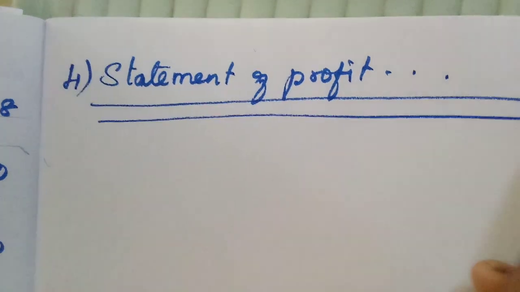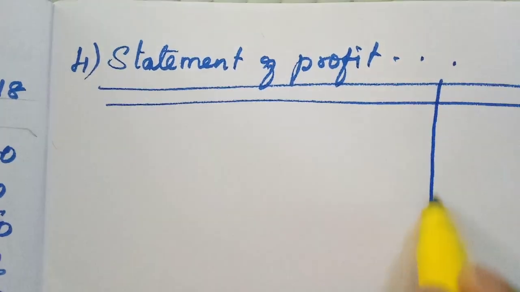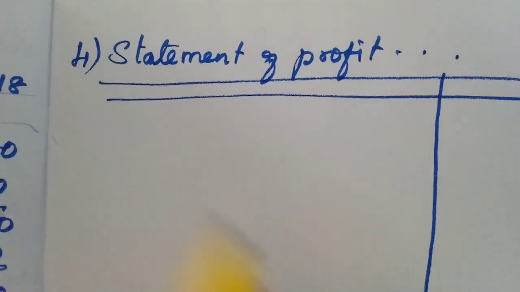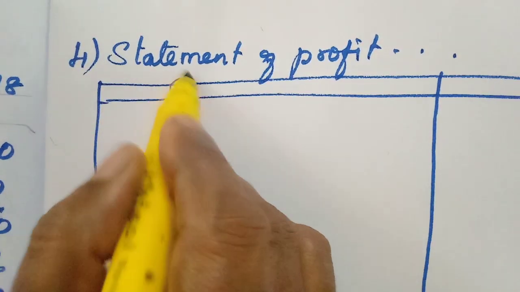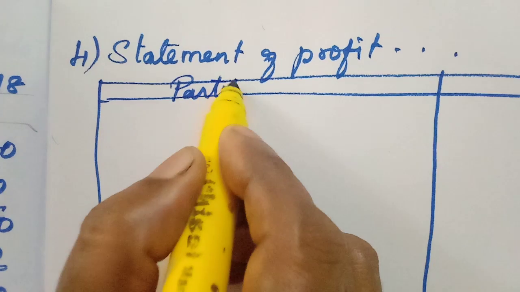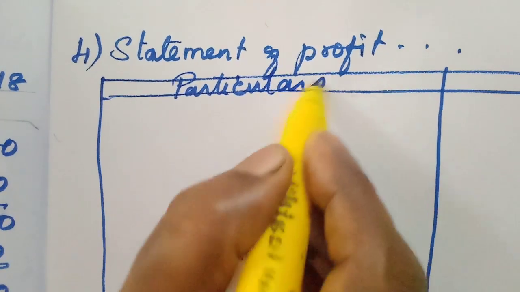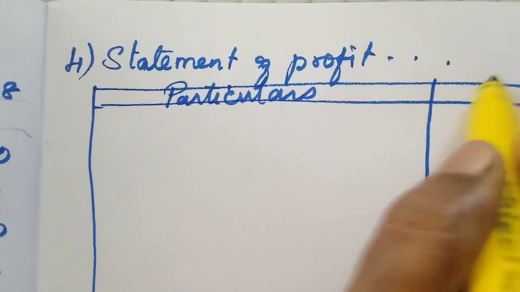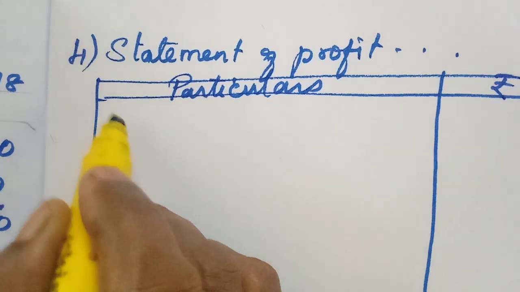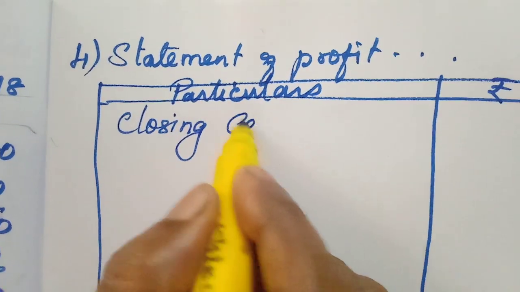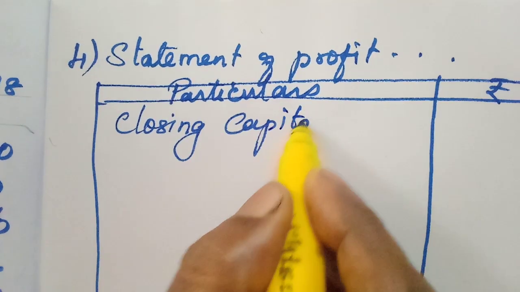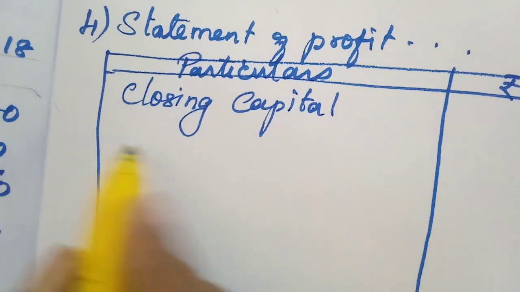You have to use the scale and pencil, but I am showing without scale and pencil, okay. Particulars you have to write. Rupees symbol will do, okay. Then first, closing capital. What we do not know, the closing capital, so leave it as it is.